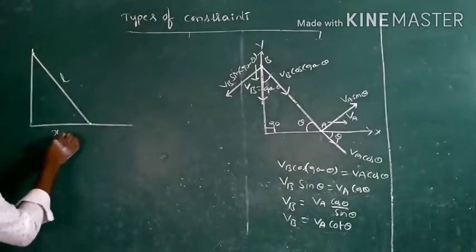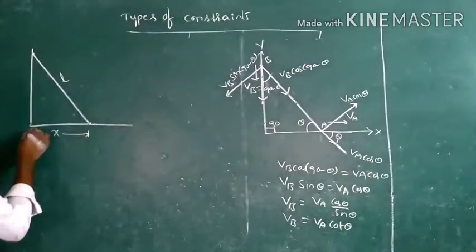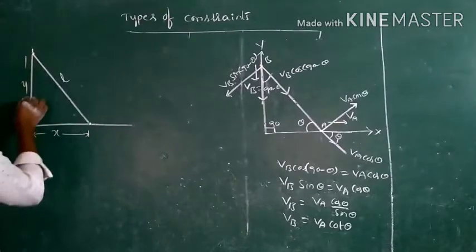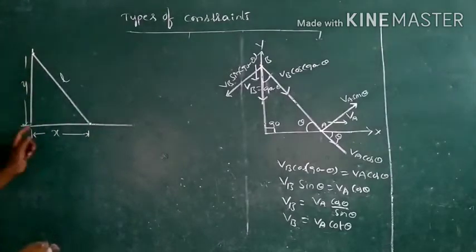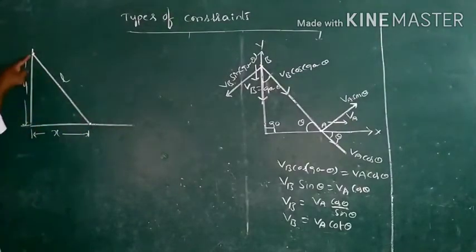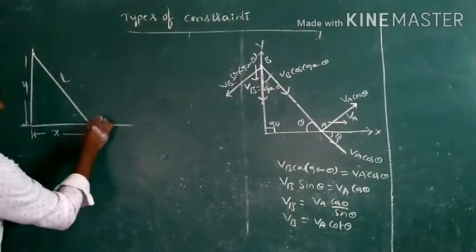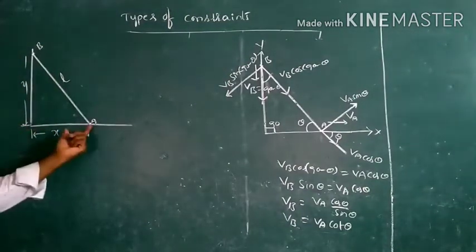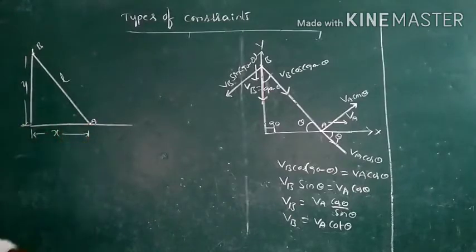Let us assume this is the distance x from the horizon, and this is the distance y. One end is placed at point A, and the other end at point B. Point B is y centimeters high, and point A is x centimeters from the corner.